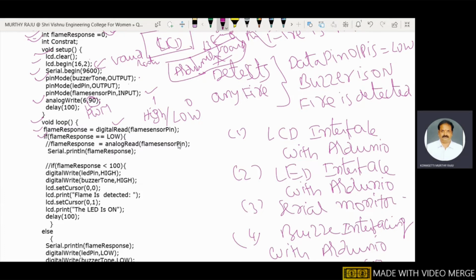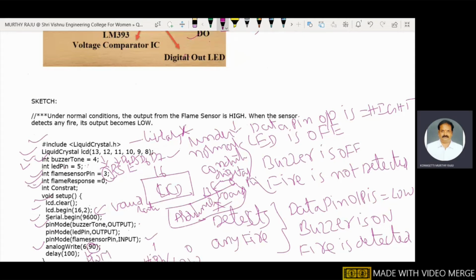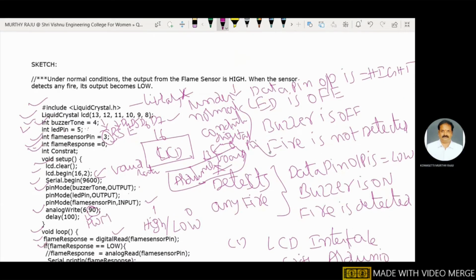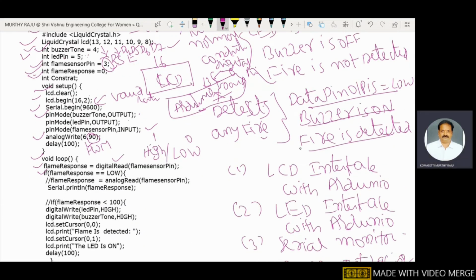If the flame response is low, the data pin output is low, the buzzer is on, fire is detected. The LED is also on.